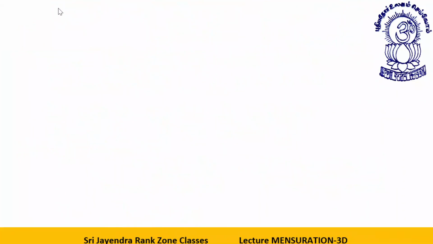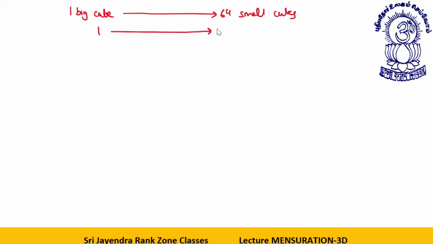So my dear students, now if I again say, let's say one big cube is broken into 64 small cubes. 64 is actually what? 4 cube. Okay. Now side of the big cube will be 4, then the side of small cube will be 1.